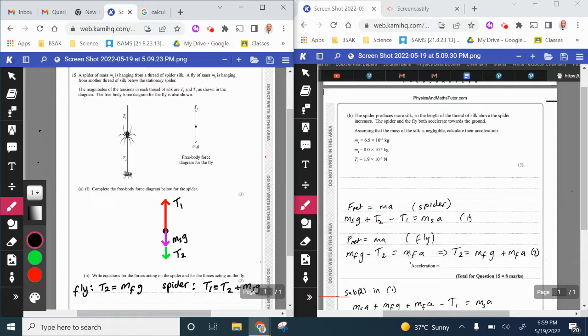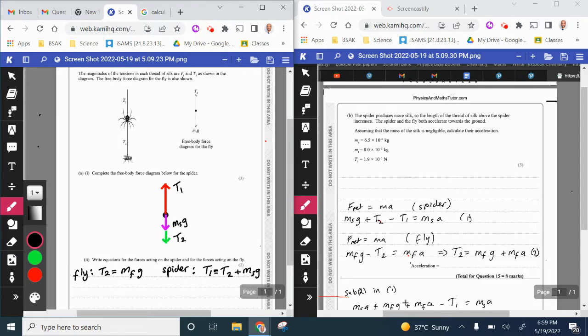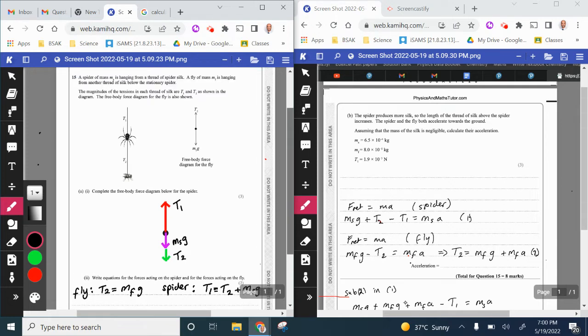And because they are stationary, I must draw these two arrows so that when you add them up in size, they must be the same length as T1. So as an expression for the second part of A, you can write down that T2 is equal to the weight of the fly when the object is stationary. And for the spider, T1 is equal to the sum of T2 and the weight of the spider, respectively, when the net force is equal to zero.